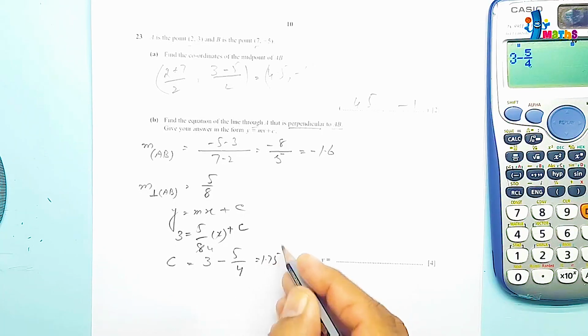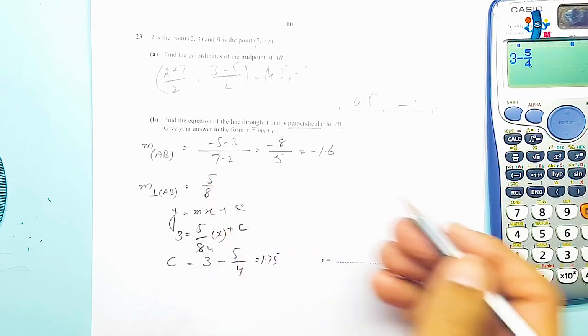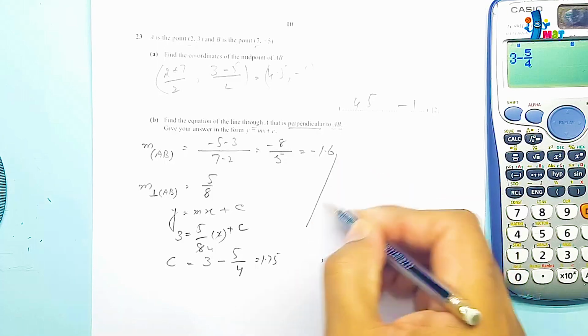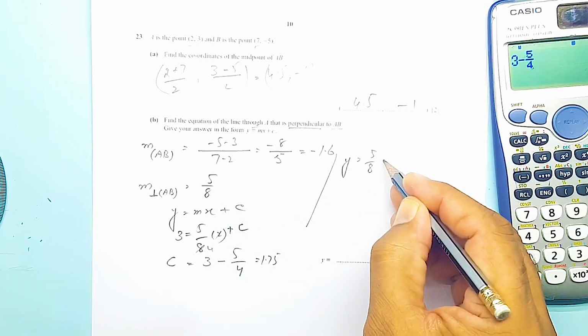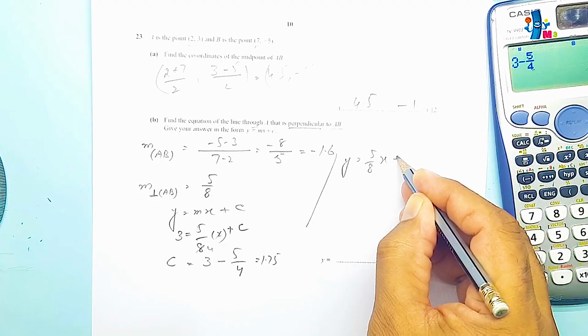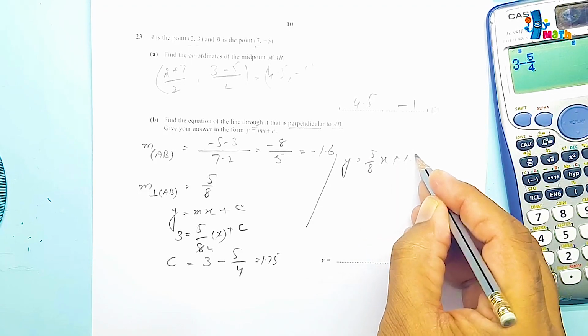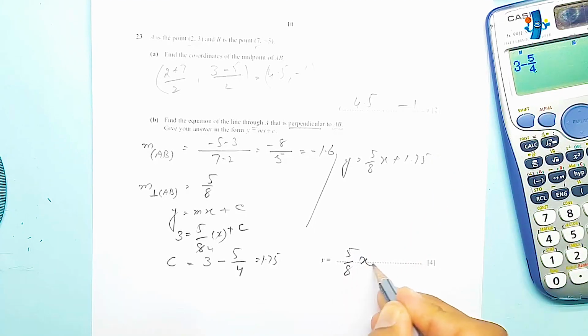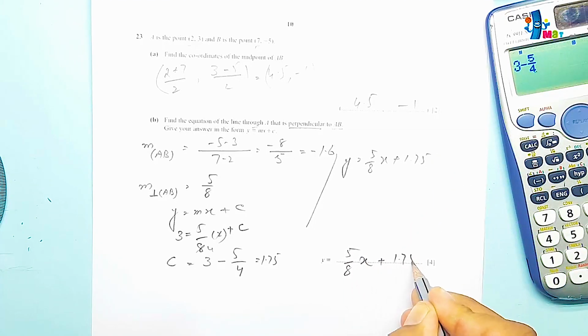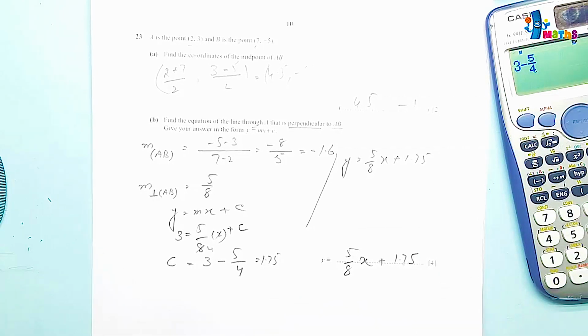So the c value is 1.75, the gradient is 5 by 8. So we can write y is equal to m, which is 5 by 8, x plus c, which is 1.75. So our answer will be 5 by 8 x plus 1.75. This is a 4 marks question which we have done, question 23.